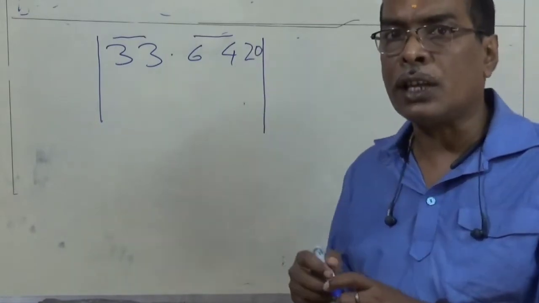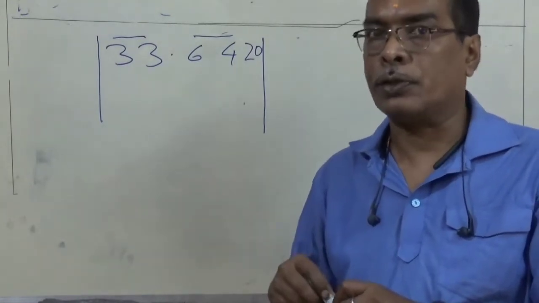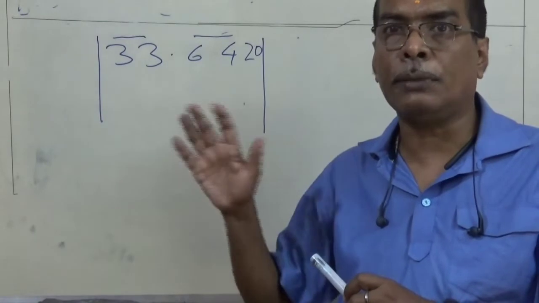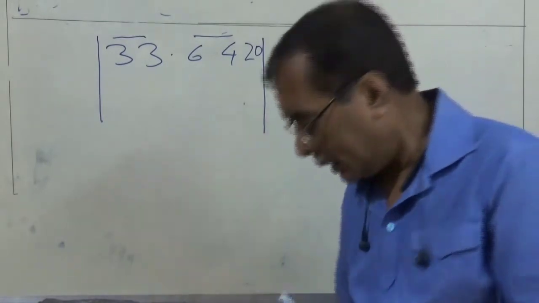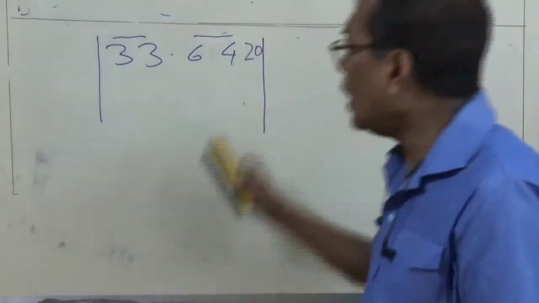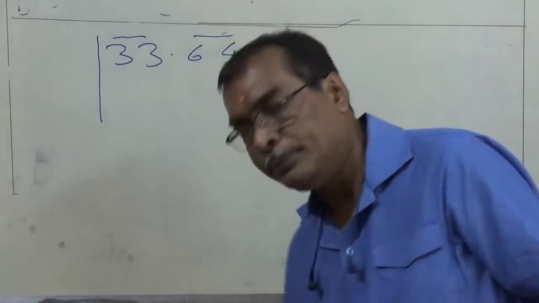After the decimal, if you put zeros, it will not affect the main number. That's why you can put as many zeros as you want. By the way, that is not needed here, so I am going to erase this number. The original question I am going to consider now.